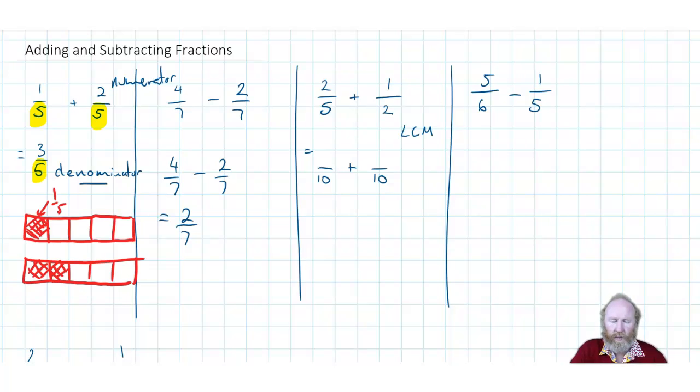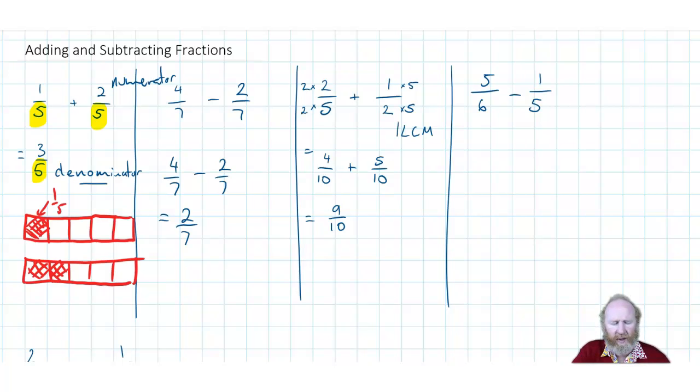Well, I do that by multiplying the first fraction, top and bottom, by 2, because 2 times 5 is 10. That gets me my 10 on the bottom. And now I have a 4 on the top there. And when I multiply the other one, I'm multiplying by 5. 1 times 5 is 5, and I can now say 9 out of 10.